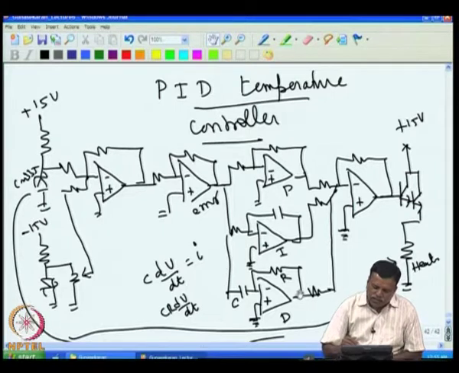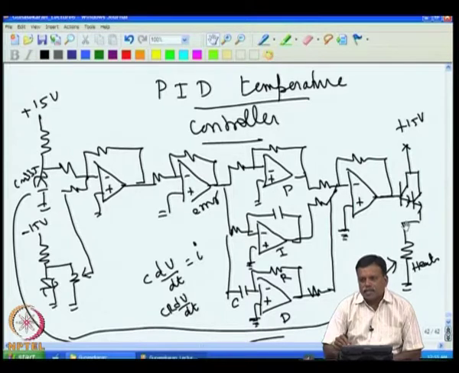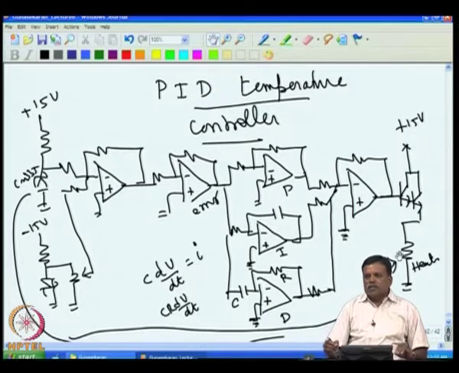That will produce a large change in voltage, because if dV by dt is more, you will get a large voltage change, and that large voltage change occurs on the system. That means if the error is changing fast, then the correction also changes fast, and the system will stabilize quickly.